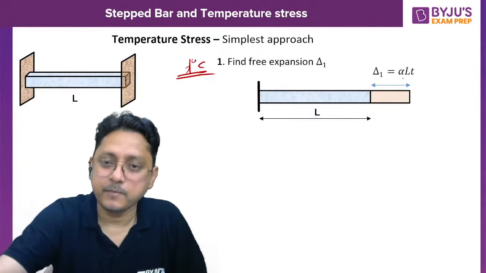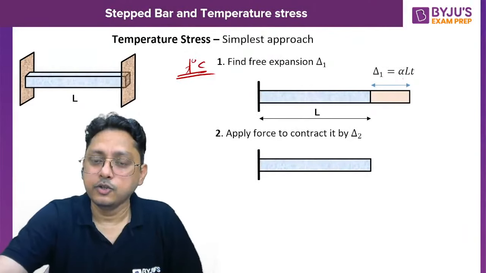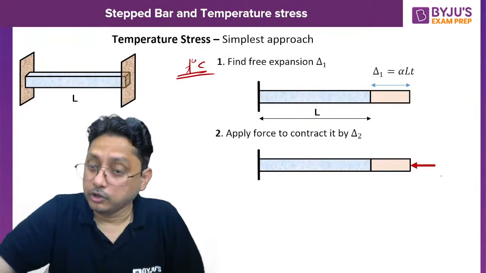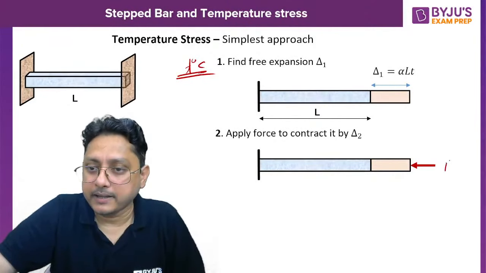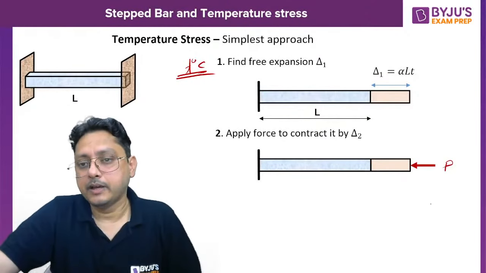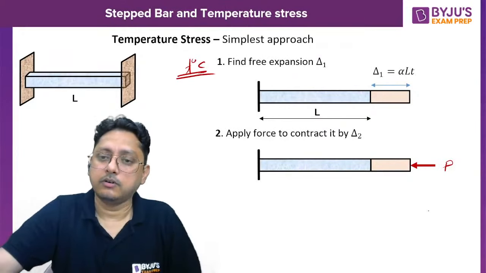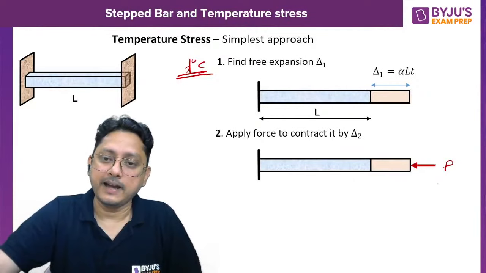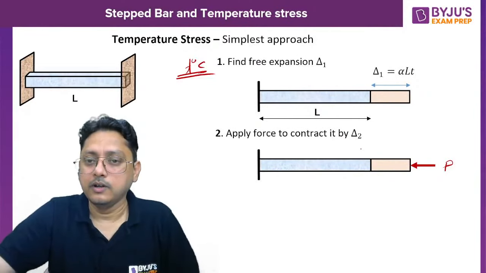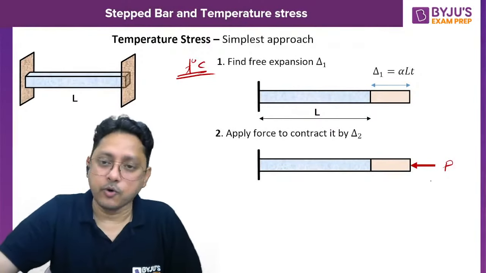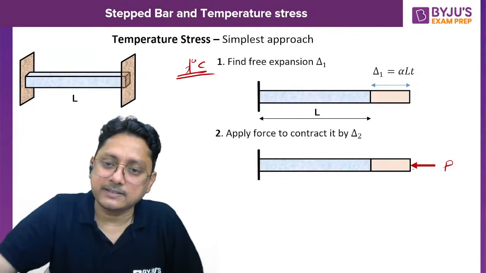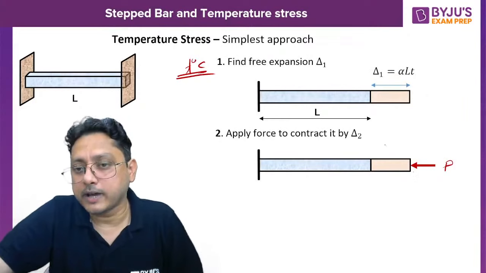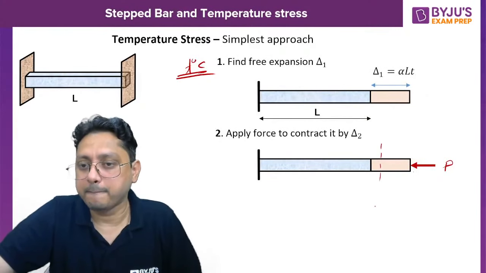The next step, you apply the force. Although I don't know the amount of the force, apply the force P maybe, and try to compress it by the force P, and call that delta 2. By applying that force, either you can bring this bar back to the same initial position, or you can stop it somewhere here, no problem.